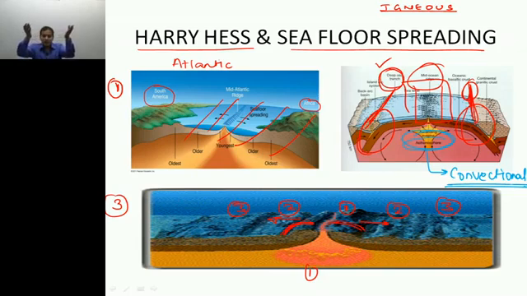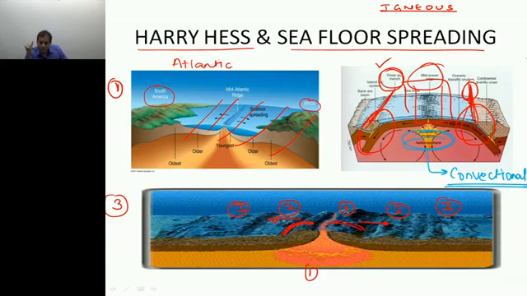After rising up, they get displaced in different directions, and then because of the cooling, they again start to subside, and as a result this motion goes on. The place where they rise and drift away is the place where the sea floor spreads, and the place where they cool down and go down is the place where there is formation of a trench. So this was the concept of sea floor spreading.